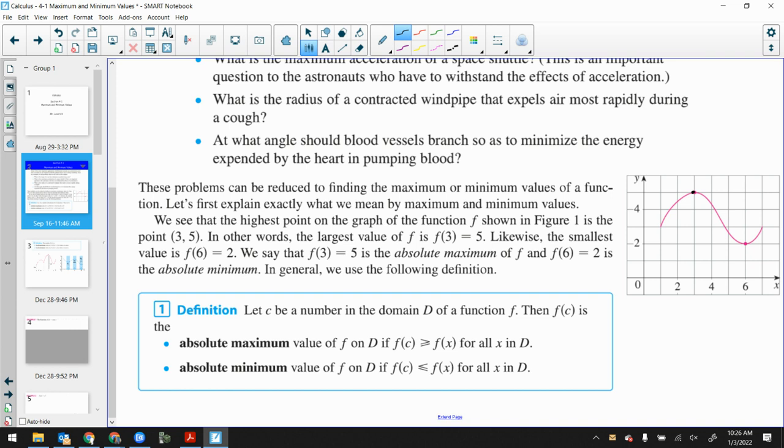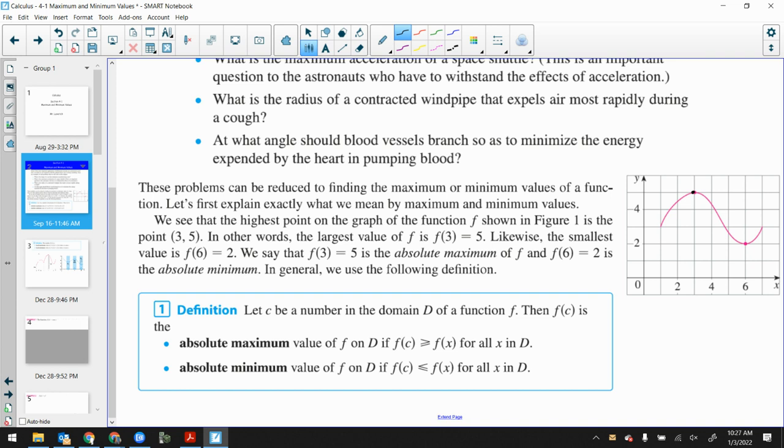We know it exists at the point (3, 5), but you would say the absolute maximum value of that function happens at 3, and it is 5. See, we have to make a distinction between where it happens and what it is. The y value is the maximum or minimum value of the function. The x value is just the location at which it occurs.